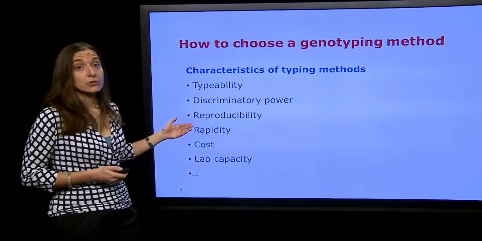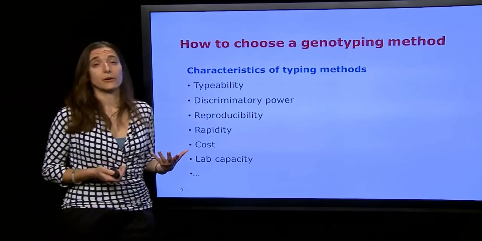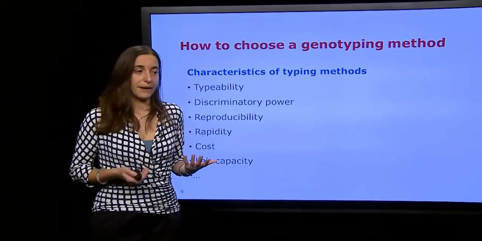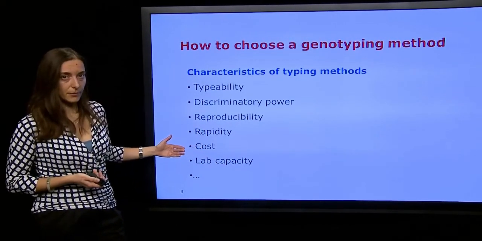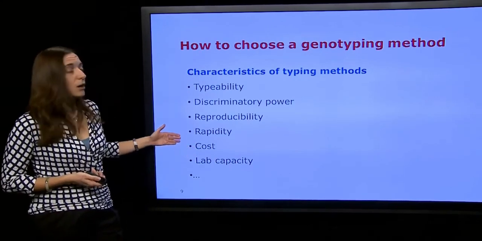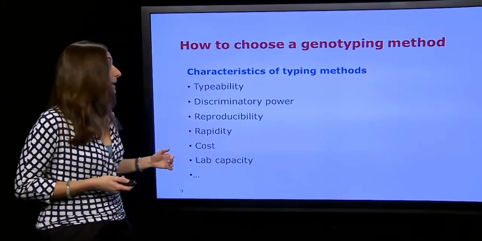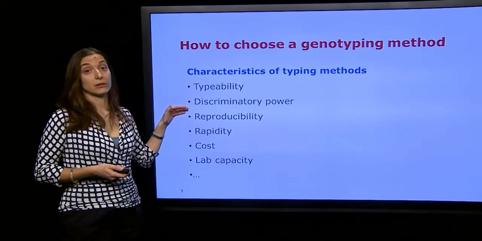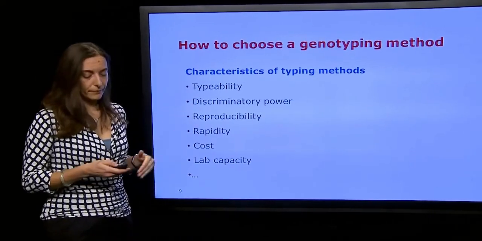And then, of course, we have to consider more practical characteristics referring to laboratory capacity. First of all, what is the cost of the method? Can the laboratory afford that cost? What is the rapidity? If we need a fast result, can we afford a method that has very good discriminatory power but will give us results over a week?